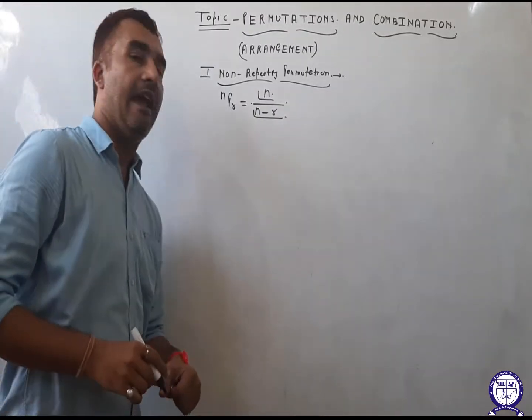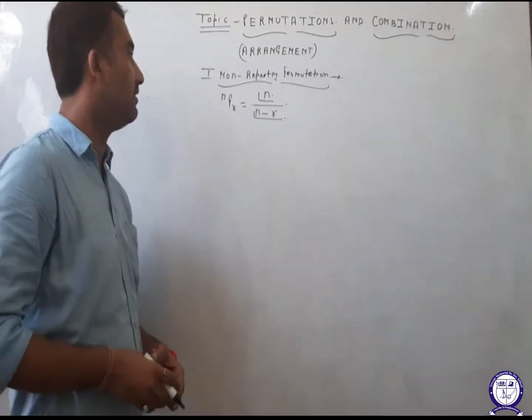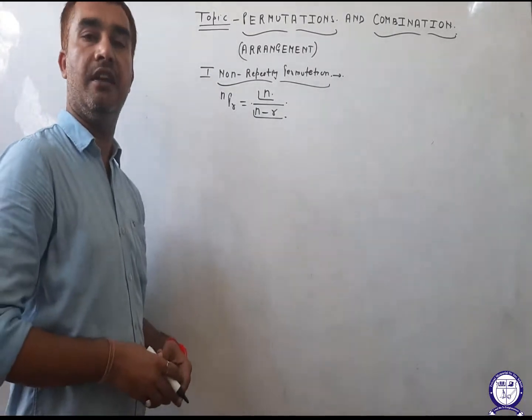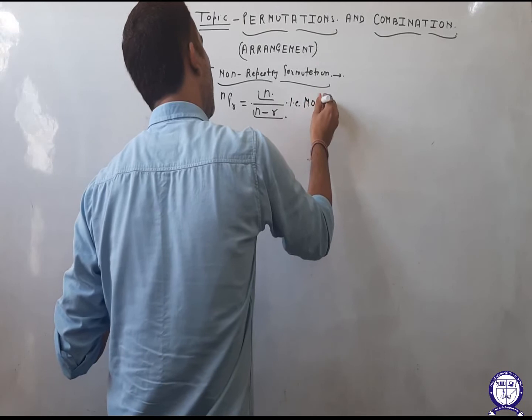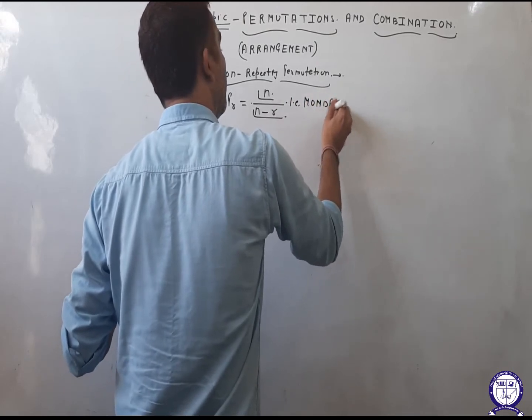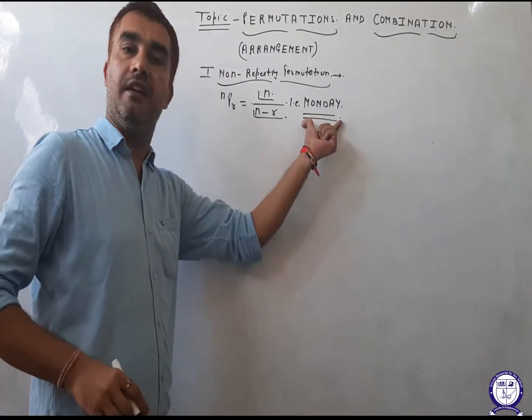Here n is the total available to us, P means permutation, and r is our requirement. For example, the word Monday. As you can see, in this word no letter is repeating.